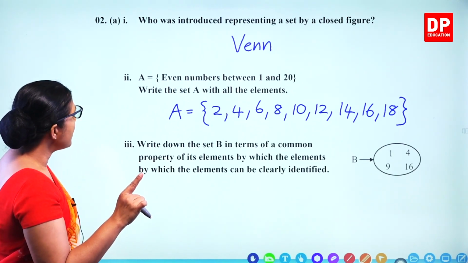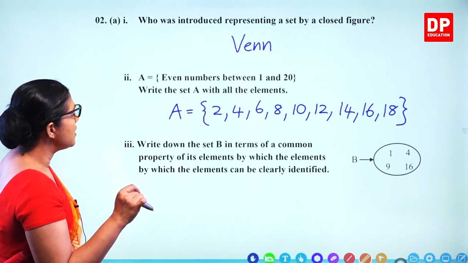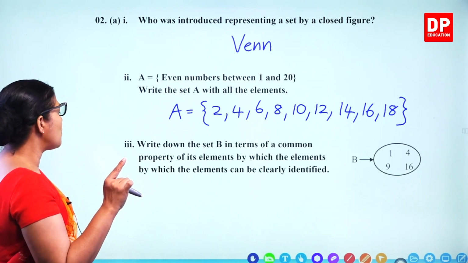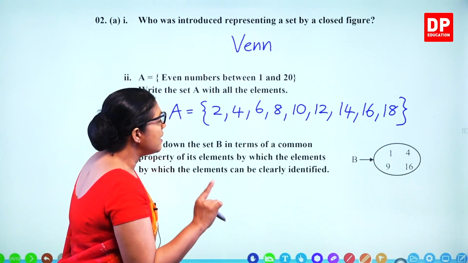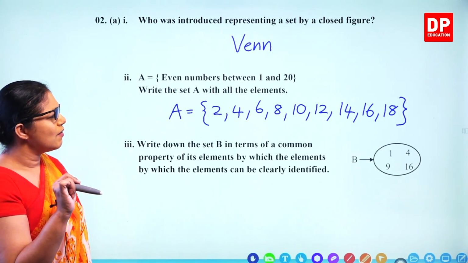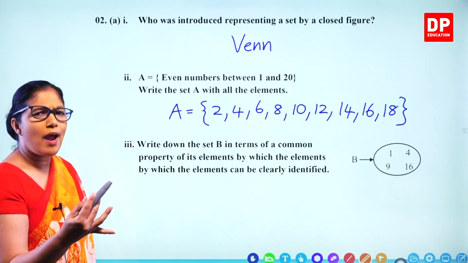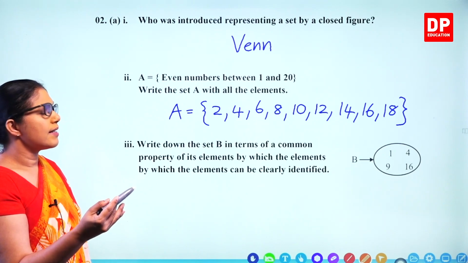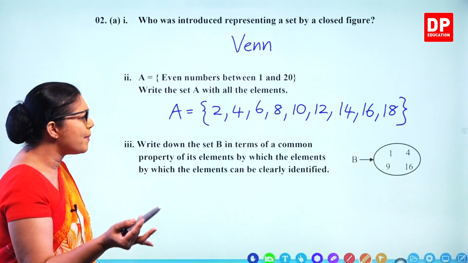Then the third one, write down the set B in terms of a common property of its elements by which the elements can be clearly identified. 1, 4, 9, 16. What are those? 1 squared, 1. 2 squared, you get 4. 3 squared, 9. 4 squared, 16. Square numbers.